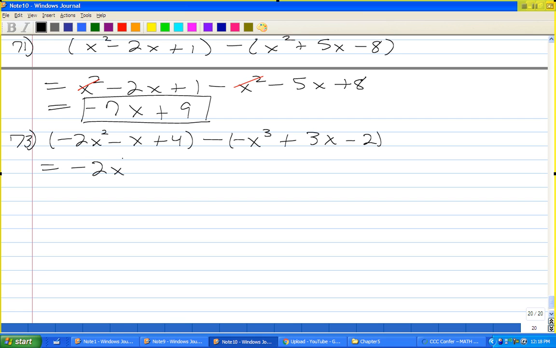So negative 2x squared minus x plus 4. Changing all the signs inside the parentheses, plus x cubed minus 3x plus 2. And so combine like terms. Well, I just have 1x cubed, 1x squared term. Minus x minus 3x is minus 4x. 2 plus 4 is 6.